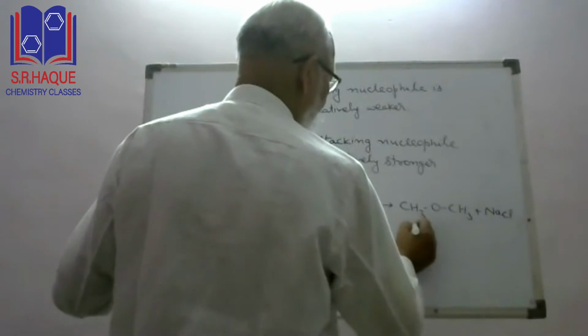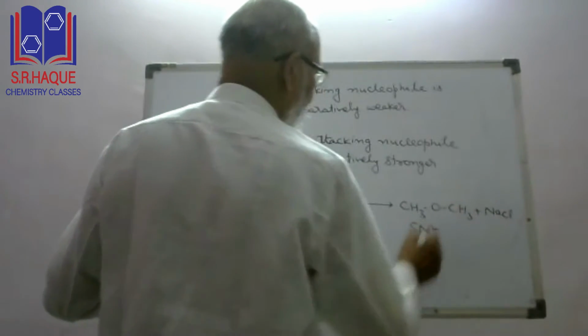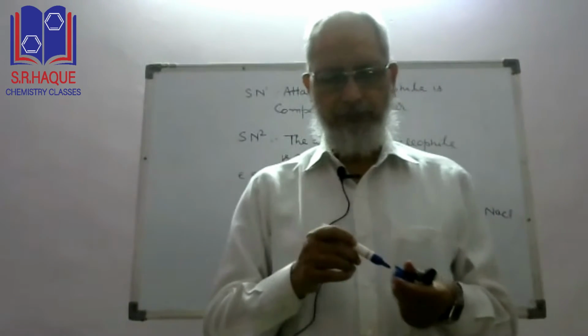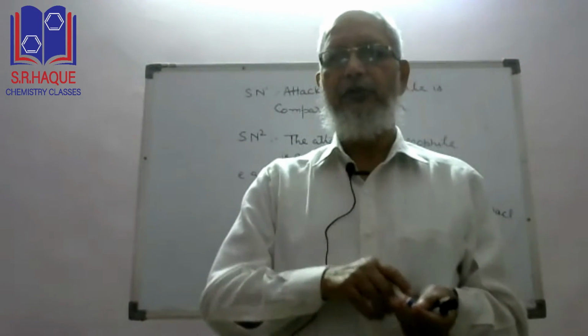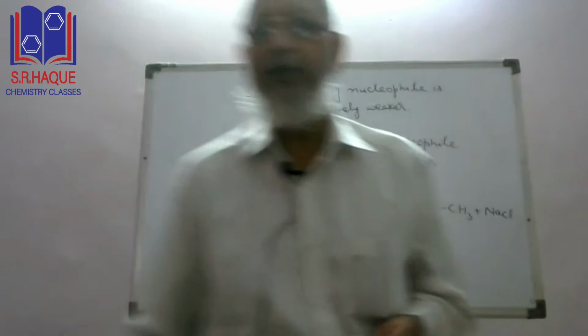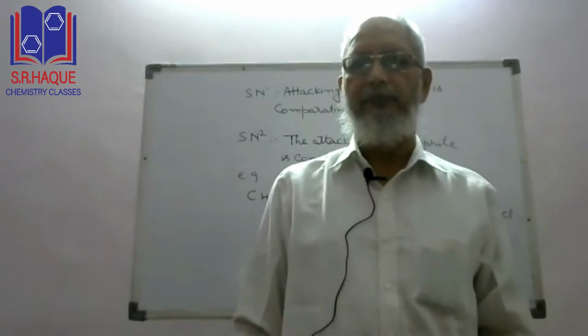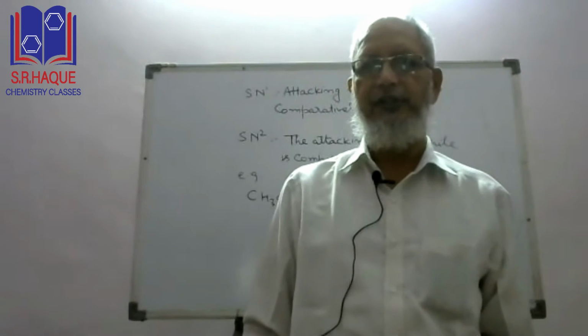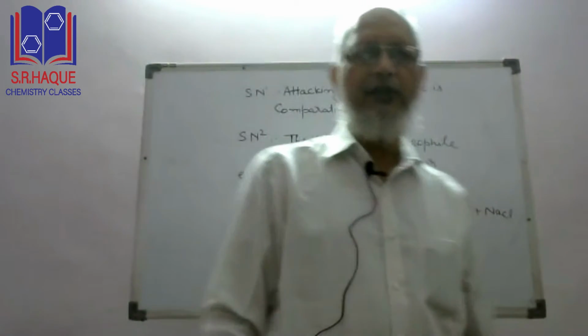This reaction takes place through SN2 mechanism. So these are some of the differences between the SN1 and SN2 reaction. To understand it more clearly, it is a must to know the mechanism of these reactions, so we shall first start with the SN1 reaction.